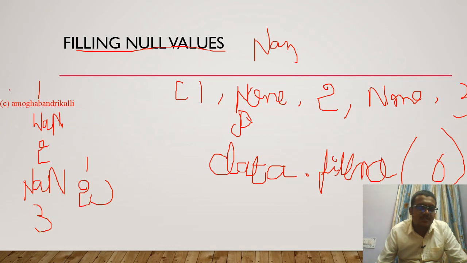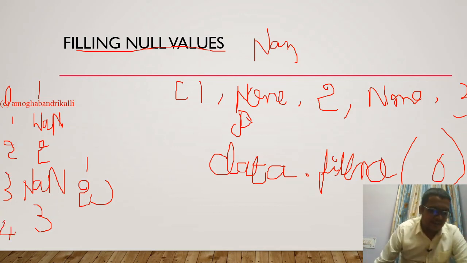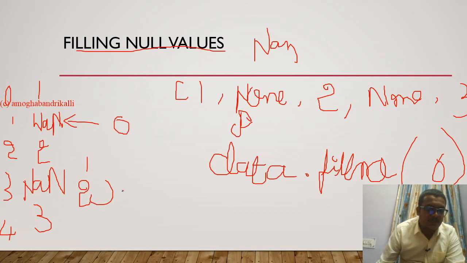So the index is 0, 1, 2, 3, 4. If you are using fillna, you are going to have options. In place of NaN you are going to have 0.